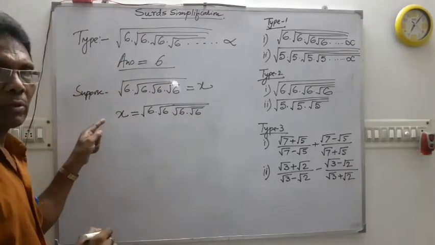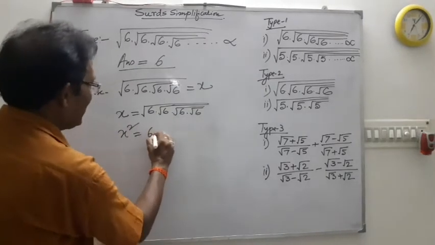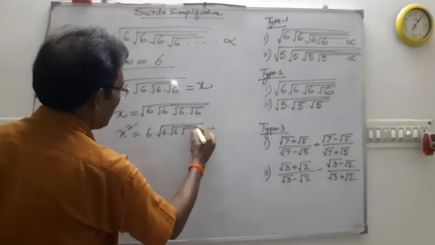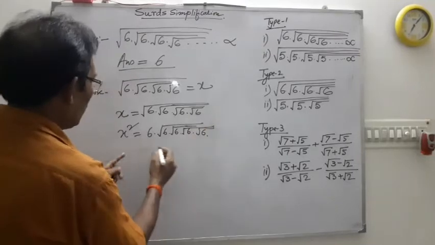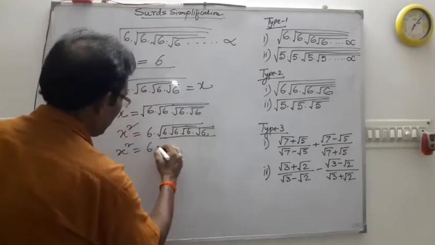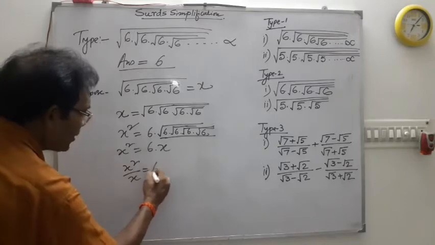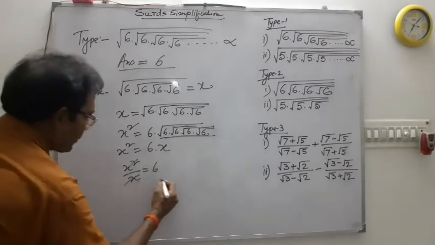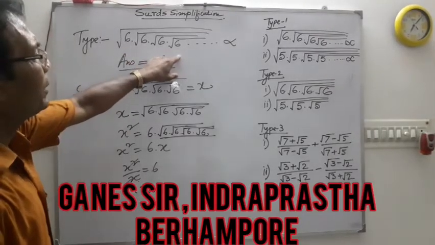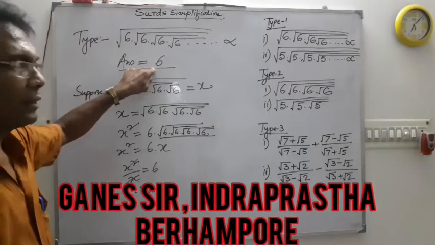Now we square both sides, so x square equals 6 into this, that is root 6, which is also x. So x square by x equals 6. So the answer is x equals 6. In this type of sum, the tricky method is that 6 is the only answer.